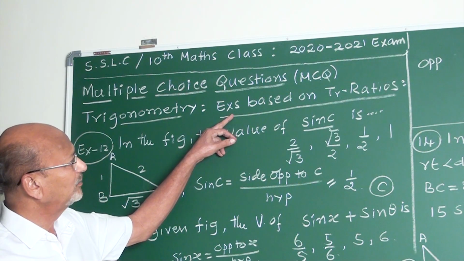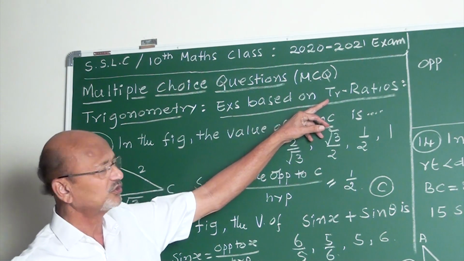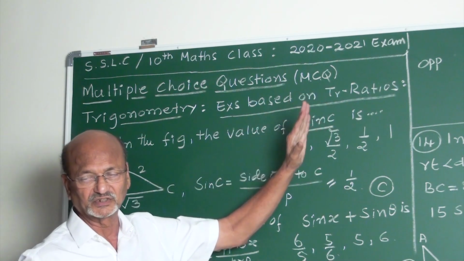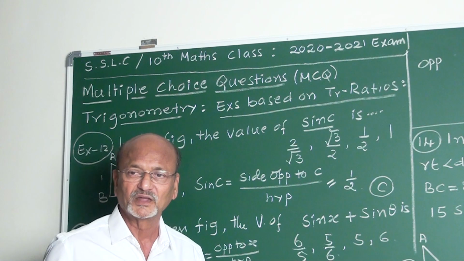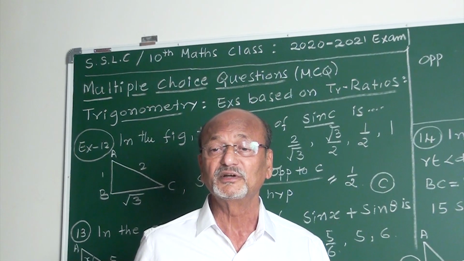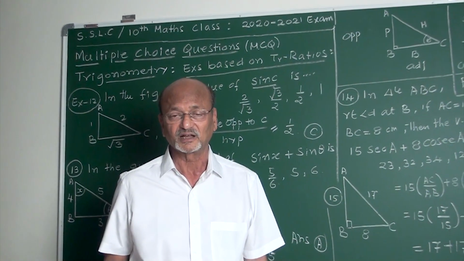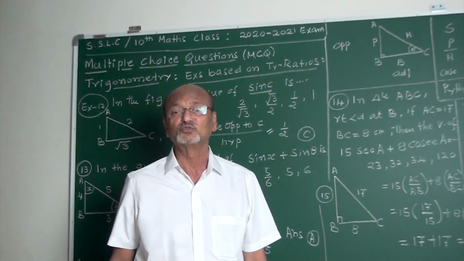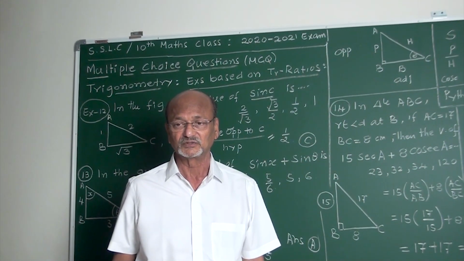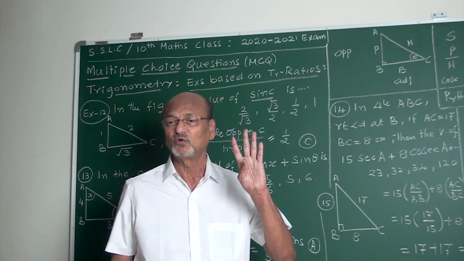Examples or questions based on trigonometric ratios first. Then examples based on trigonometric ratios of complementary angles. Then values of special angles. Then trigonometric identities. These are the 4.